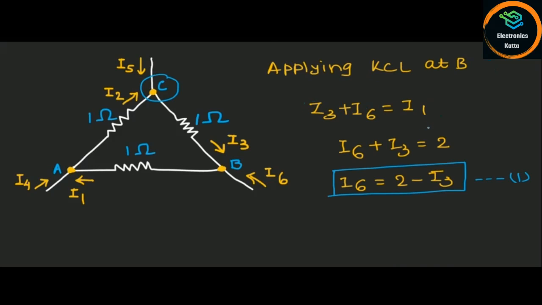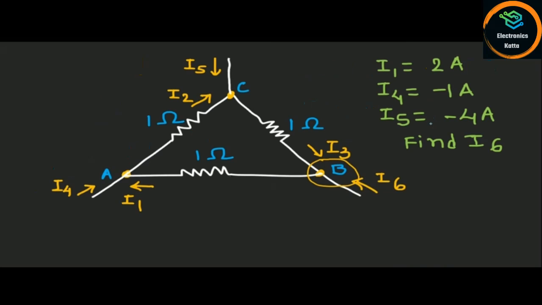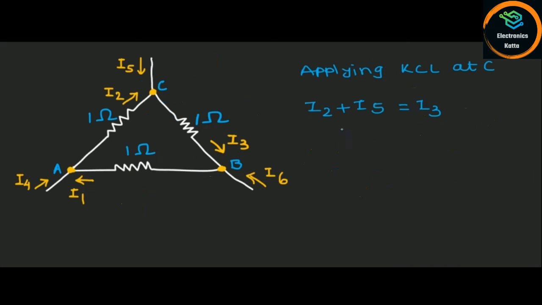Now here we are given I5 as minus 4 ampere, so we can substitute I5 as minus 4 ampere in this equation. So we will get I3 is equal to I2 minus 4. Let's say this is equation number 2.